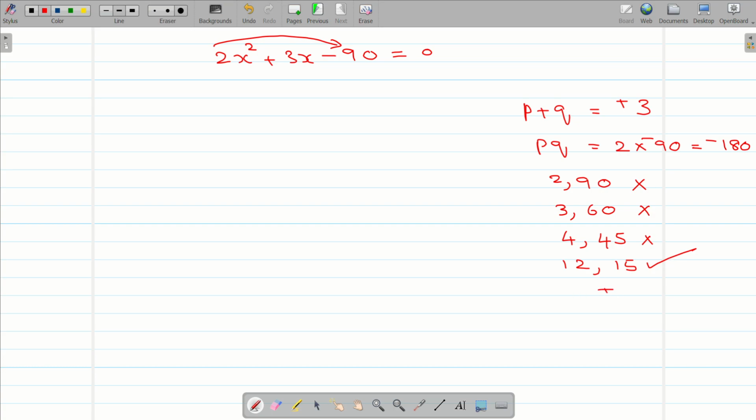The bigger number should be given plus sign here since the sum is positive. That means the factors are plus 15 and minus 12. 2x squared plus 15x minus 12x minus 90 is equal to 0.